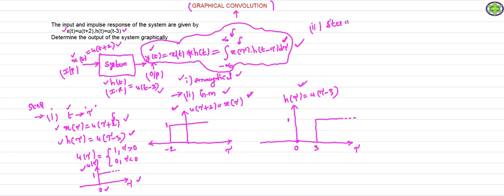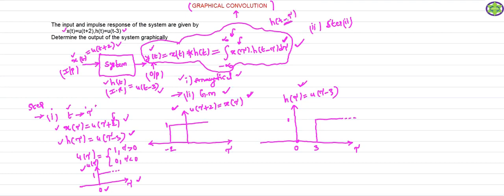So in step number 2, I want to develop h of t minus tau, because I am going to multiply x of tau with h of t minus tau.